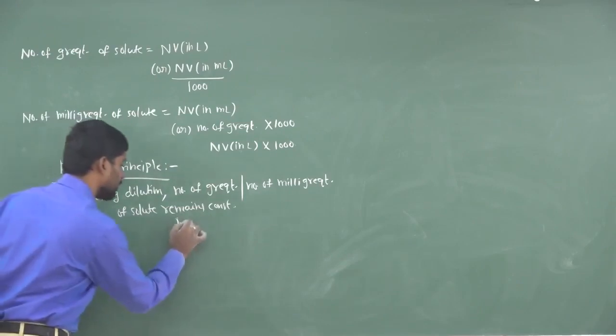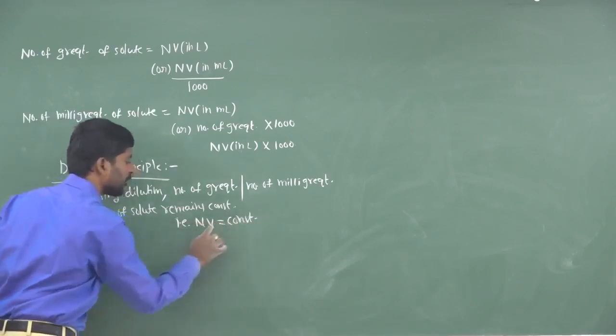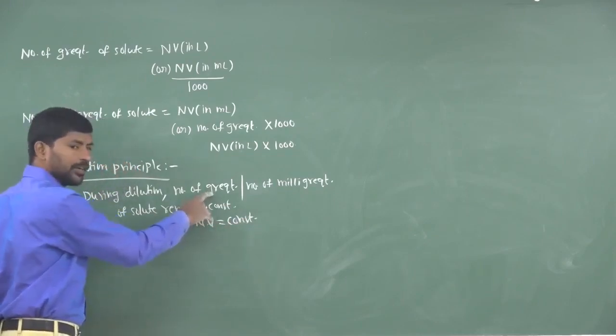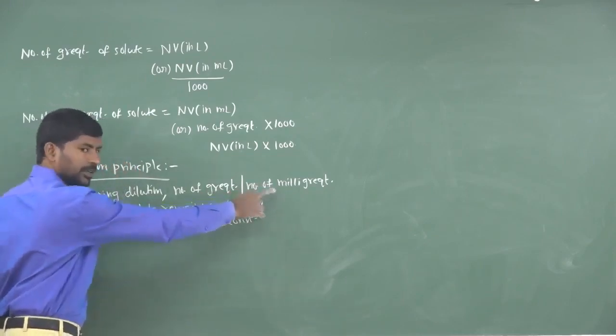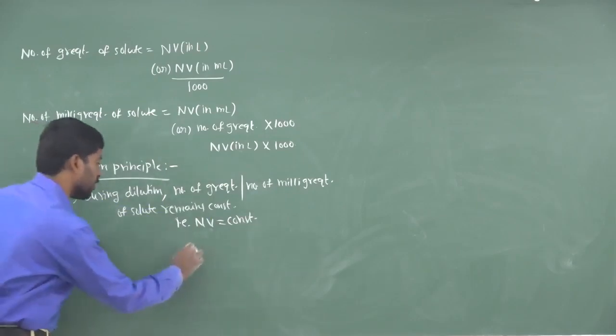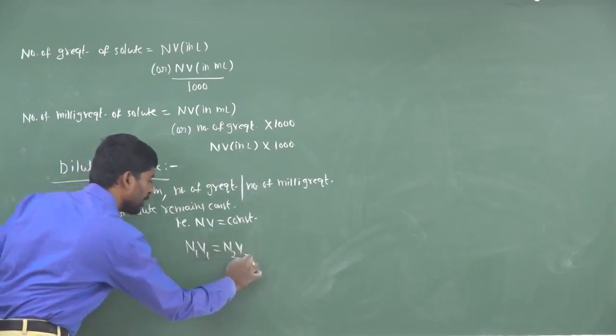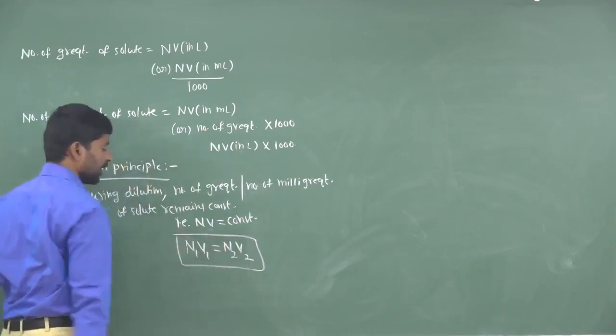That is, N into V is equal to constant. If you take V in liters, we get gram equivalents. If you take V in ml, we get milligram equivalents. So N1 V1 is equal to N2 V2.